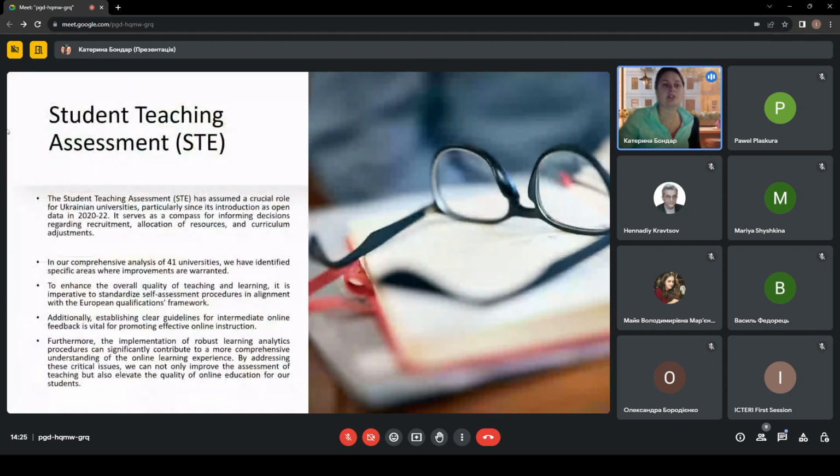Our first idea is a statement about student teaching assessment, and we implement this idea from Stanford University. They have a really powerful background in how to analyze online and HyFlex courses. And we use some tools that were recommended for this, such as the transactional distance scale, Zhang scale.